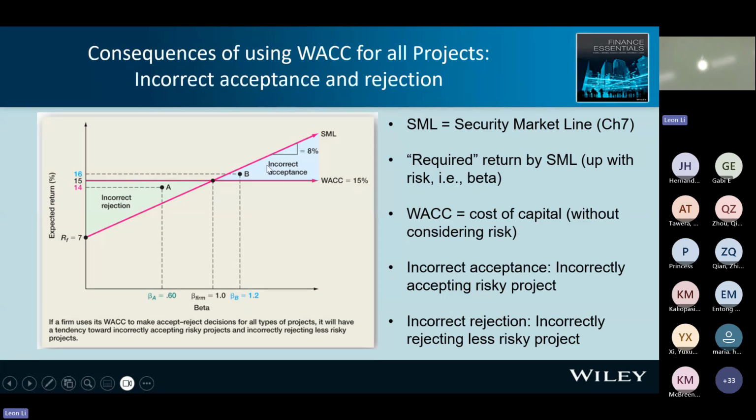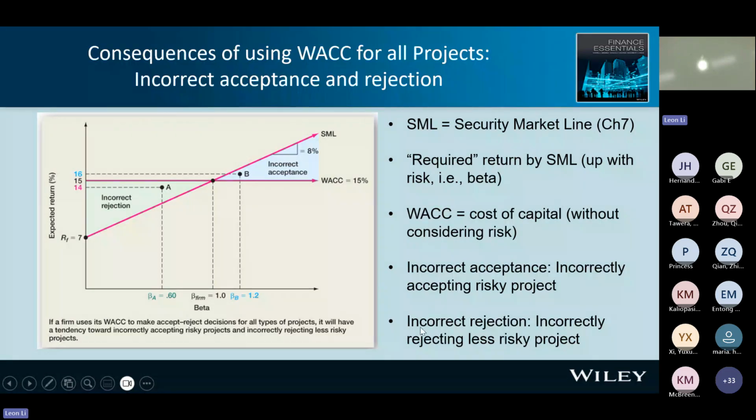You can see this triangle area is incorrect acceptance. Because if you use the WACC, in this area the return is higher than the WACC, so you accept. But if you use the security market line, the return here is lower than our required return. So this area is incorrect acceptance.